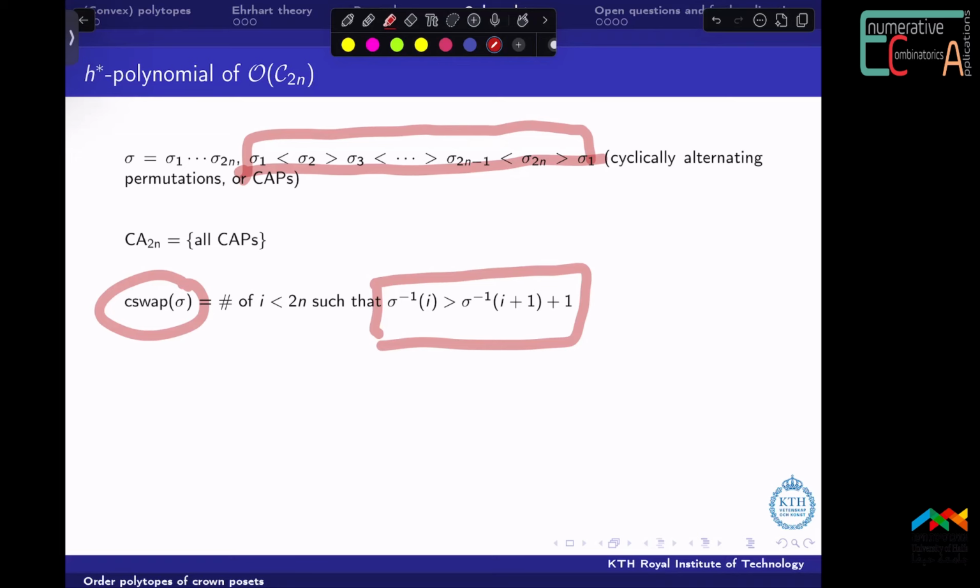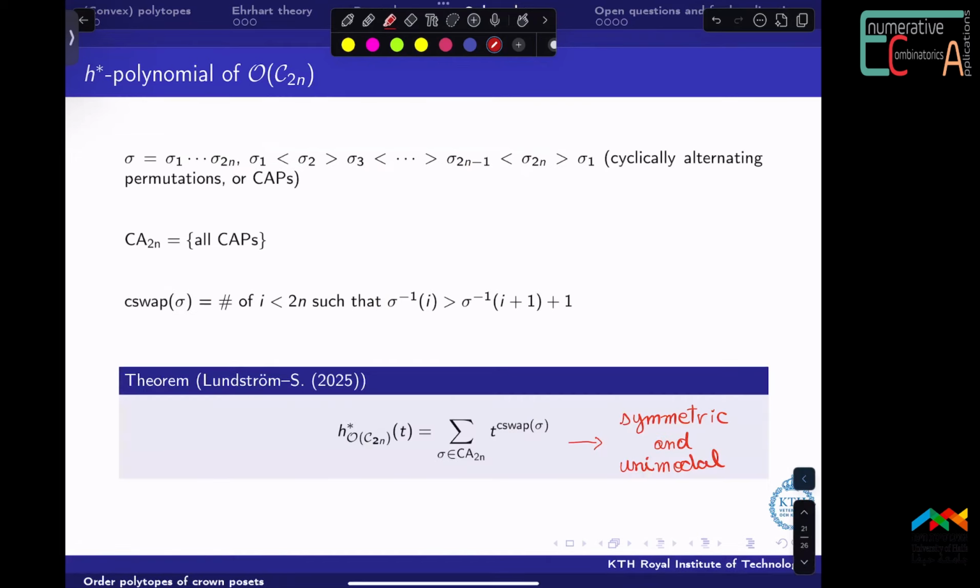Okay, using this statistic, what can we do? We can prove that the h-star polynomial of the order polytope of a crown poset is given by this new statistic, the C-swap statistic, where the sum is over the set of cyclically alternating permutations. And the cool thing is that this polynomial is symmetric and unimodal.